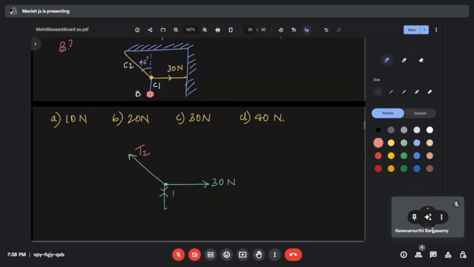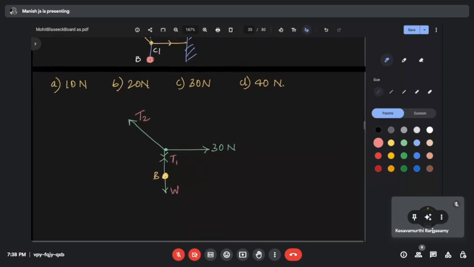Let me call that tension T1. After that you have another bob or object B. Obviously there is going to be a force of gravity, I mean weight, acting downwards, which is mass times gravity. We can call it W. That weight is what we need to find in this question.